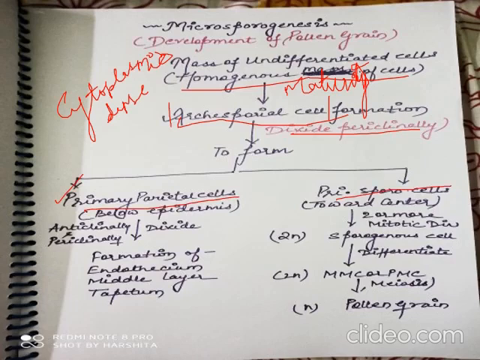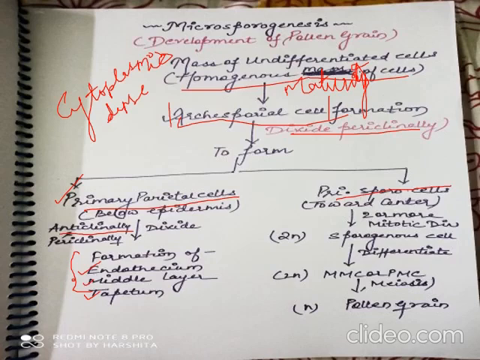The primary parietal cells will again undergo anticlinal and periclinal divisions. First, they undergo anticlinal divisions, in which the number of cells increases. This increase in the number of cells leads to the formation of the endothecium, middle layer, and tapetal layer. So here you have an increase in the number of cells as well as in the number of layers.